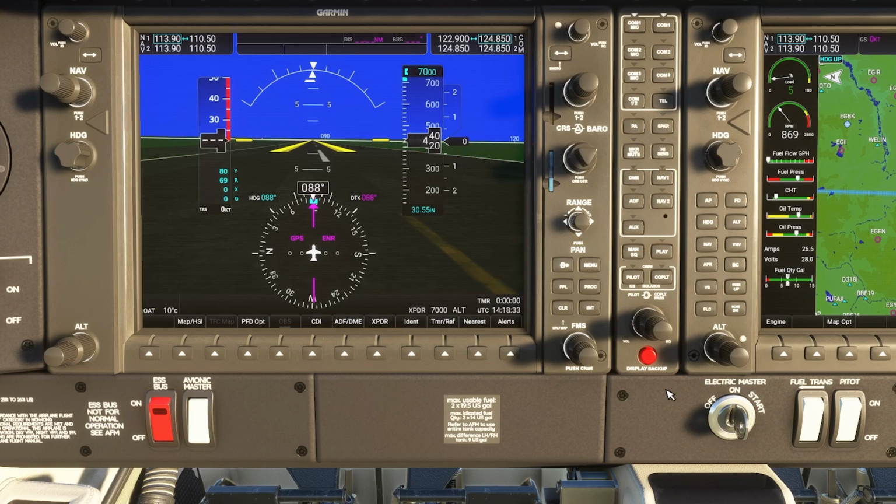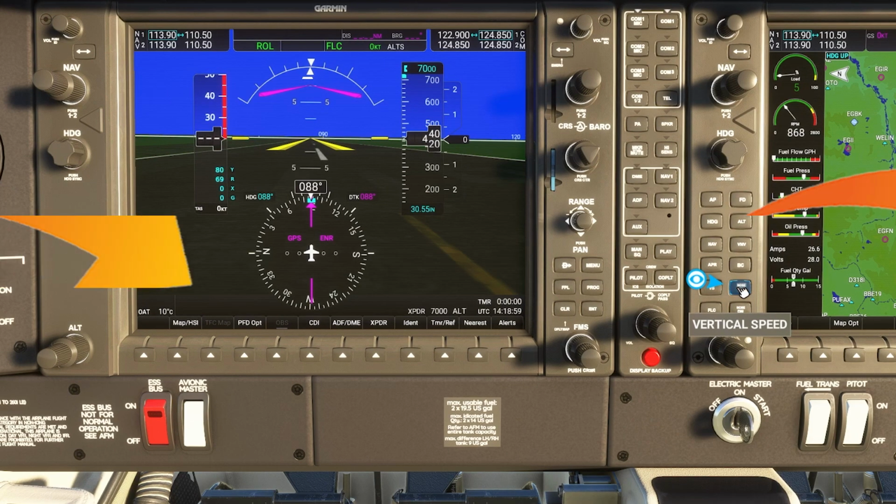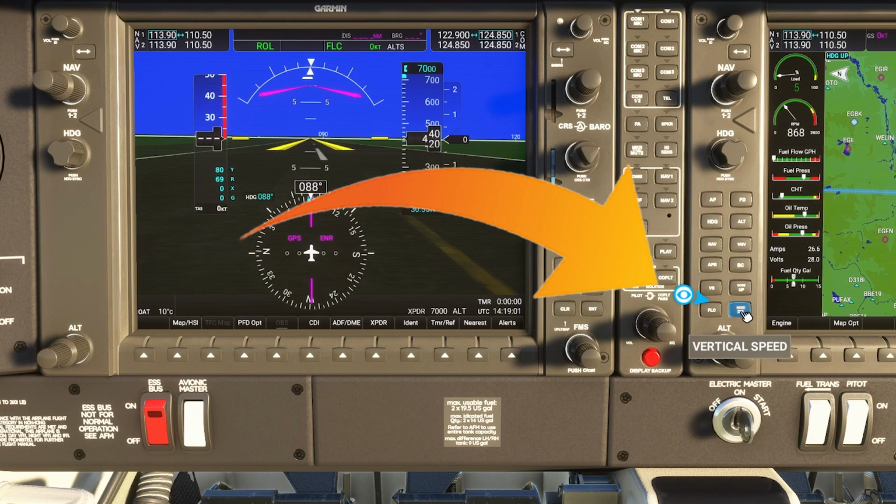Okay, so there's a number of ways to do this, and this is the way I normally do it. I normally set my optimum whilst I'm still on the ground, so I know what I'm going to climb at. So I hit my flight level change mode, and you can see it comes up with a couple of numbers. So standard flight, FLC mode, knots and altitudes. On here you've got your nose up and nose down button.